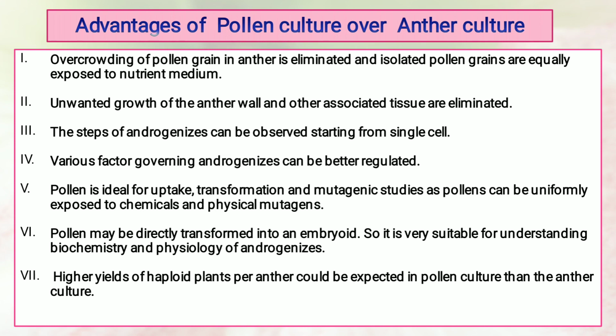Pollen is ideal for uptake, transformation and mutagenic studies, as pollens can be uniformly exposed to chemical and physical mutagens. Pollen may be directly transformed into an embryoid, so it is very suitable for understanding the biochemistry and physiology of androgenesis. A higher yield of haploid plants per anther could be expected in pollen culture than in anther culture.